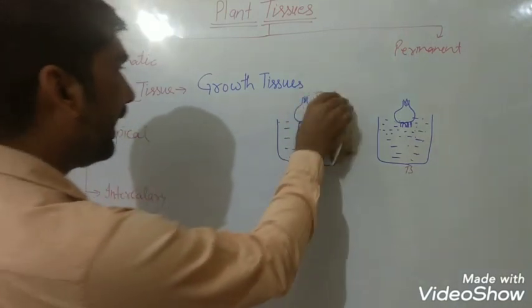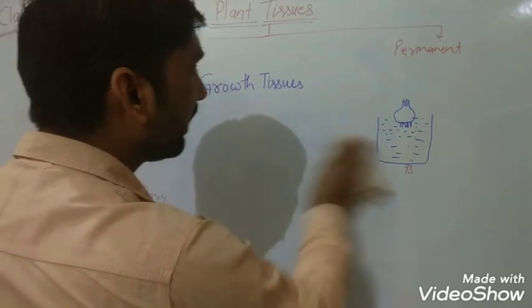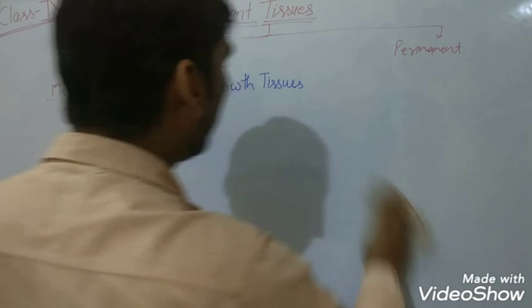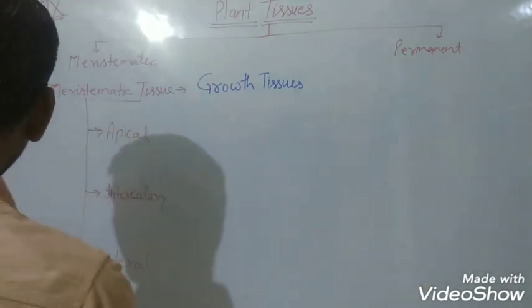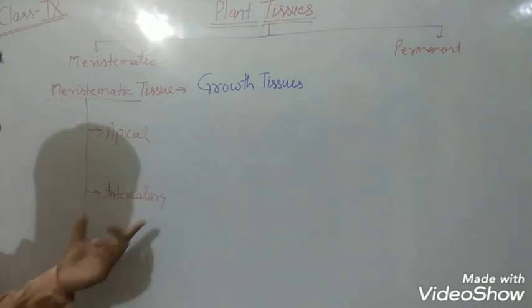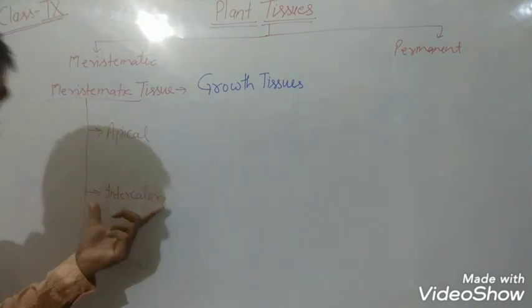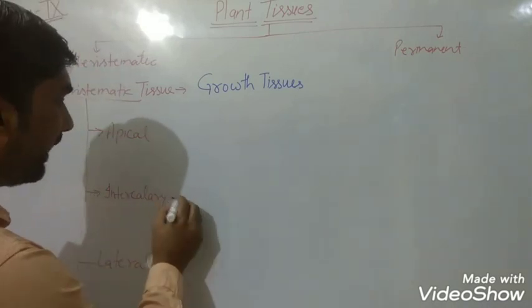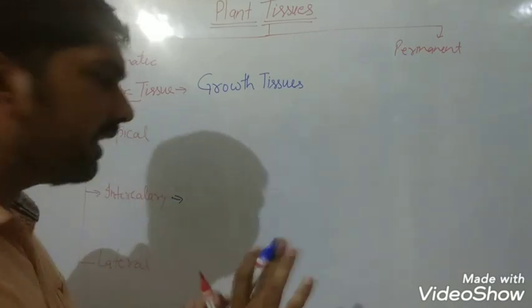Now we will see what we mean by intercalary tissues. I hope apical meristem is clear to you, that tissues which are present in the apex part of the plant, whether in the root or shoot part, are known as apical meristematic tissue. Now we are going to see what we mean by intercalary. Intercalary meristematic tissues are not present in each and every part.